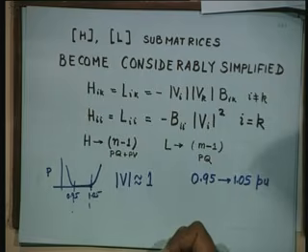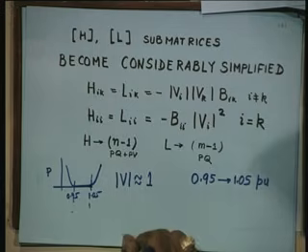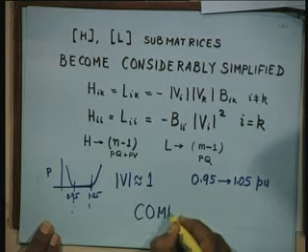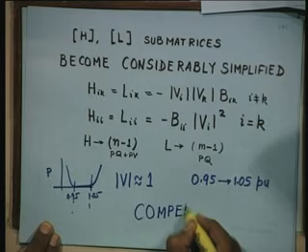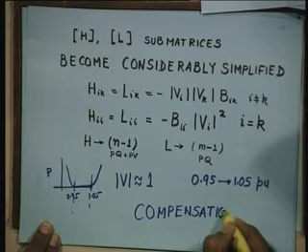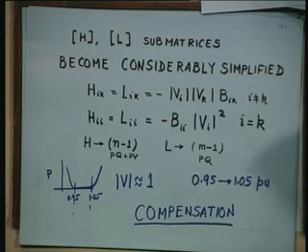Some electric companies now penalize you, private ones, because the moment V goes below 0.95 or above 1.05, you start using compensation. And those of you who are in control systems understand what compensation means. You all the time talk of compensation, lead, lag, and so on.